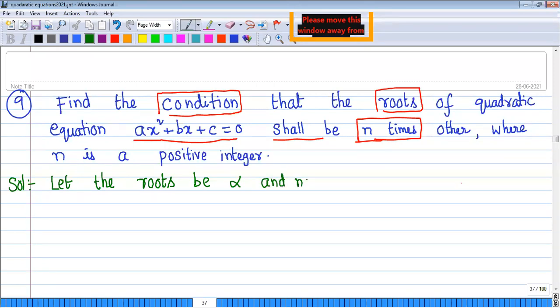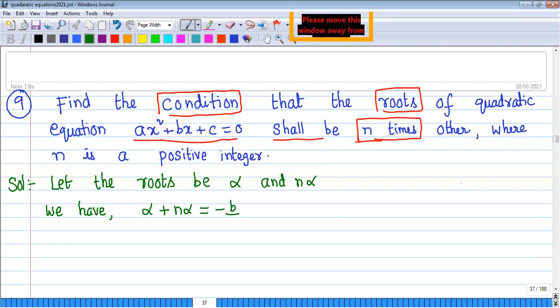If one root is alpha, the other root is n times the first one, n alpha. Now we can find the sum of the roots. Alpha plus n alpha is equal to minus b by a.